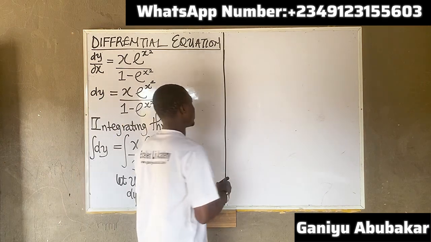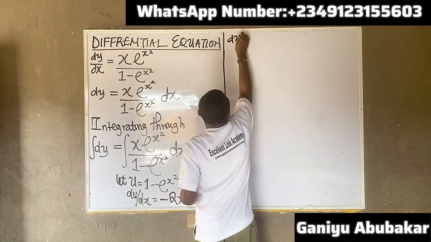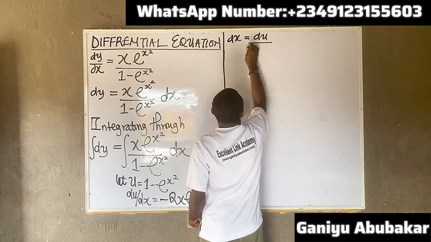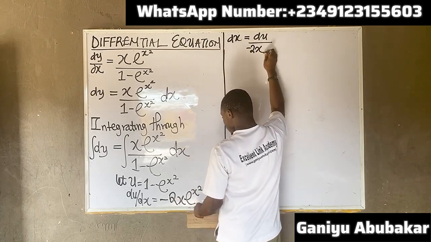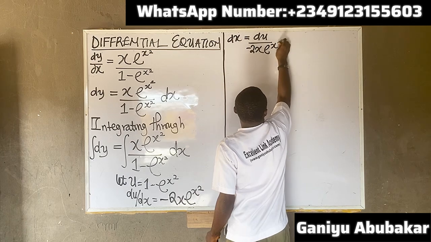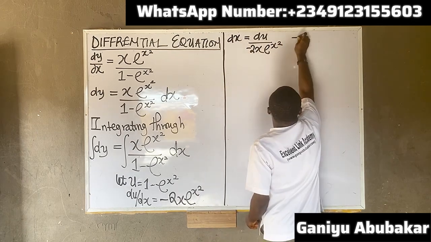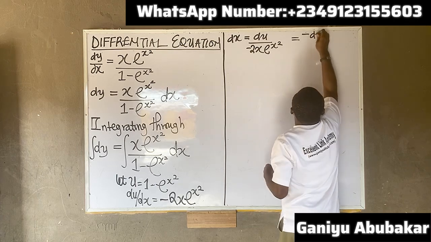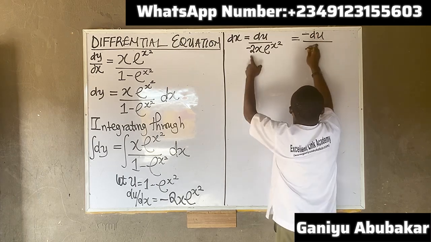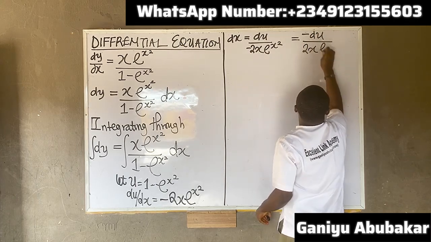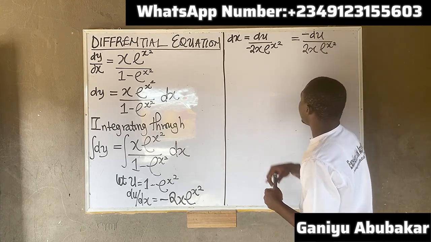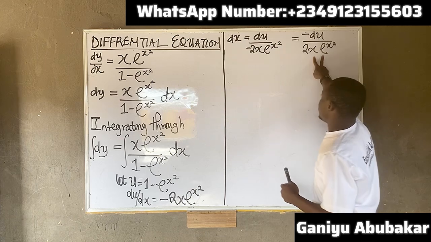Make dx the subject: dx gives you du over negative 2x exponential x squared. In proper form, the negative should come to the numerator, so dx is negative du all over 2x exponential x squared.